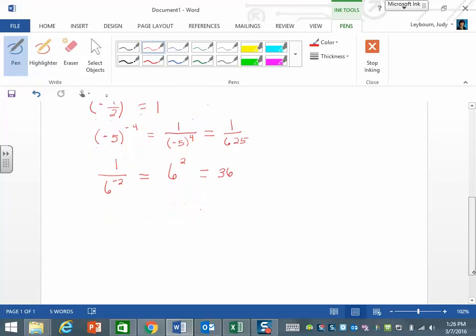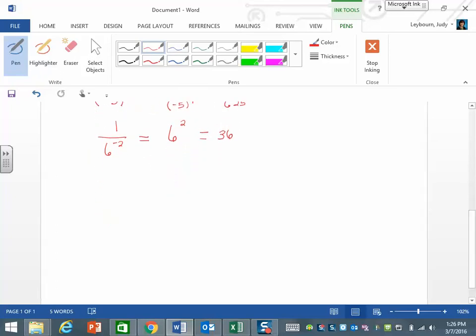I'm going to put up a couple more problems. I'd like you to do them. Press pause and then come back. So the first one, we have the fraction 5/3 raised to the -3rd. Second one is 13 to the 16th times 13 to the -14th.